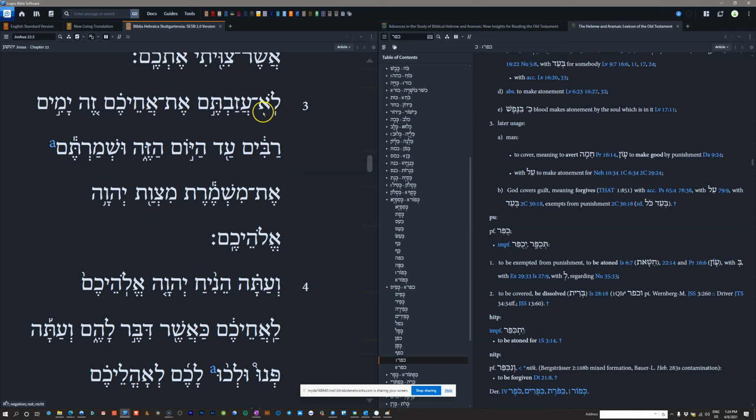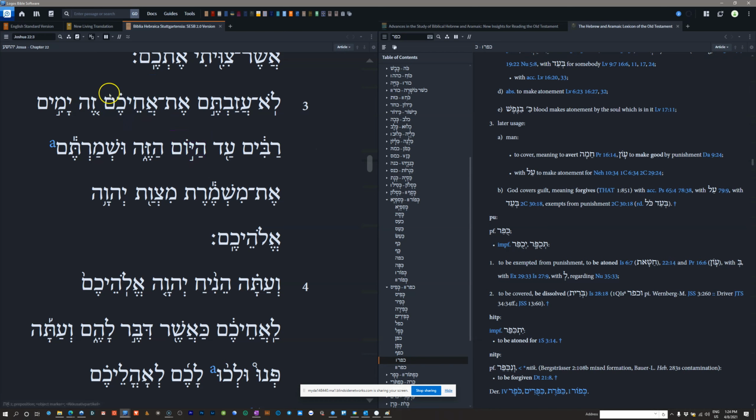Verse 3, lo azavtem. So azav is to forsake or to leave behind. Do not forsake. Oh, I'm sorry, no, this is perfect, not imperative. You have not forsaken. Forsaken what? Achechem. Ach here is brother, probably. It's a weird form. Your brothers.